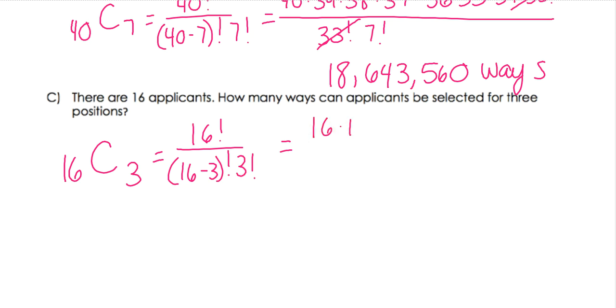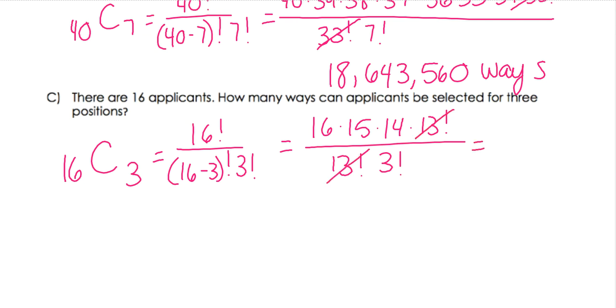So 16 times 15 times 14 times 13 factorial over 13 factorial times 3 factorial. Cancel things out. When we divide that out, it comes out to 560 different ways to select 3 people for those jobs.